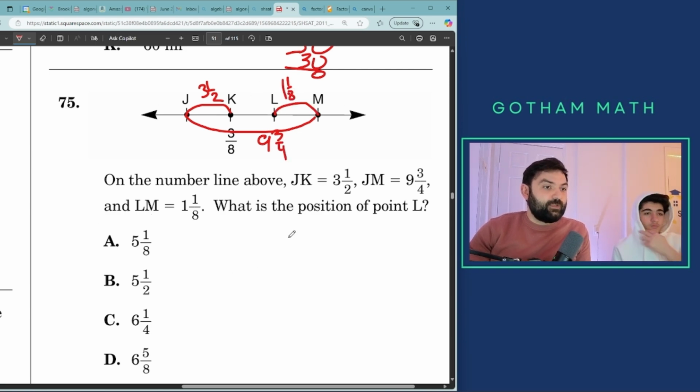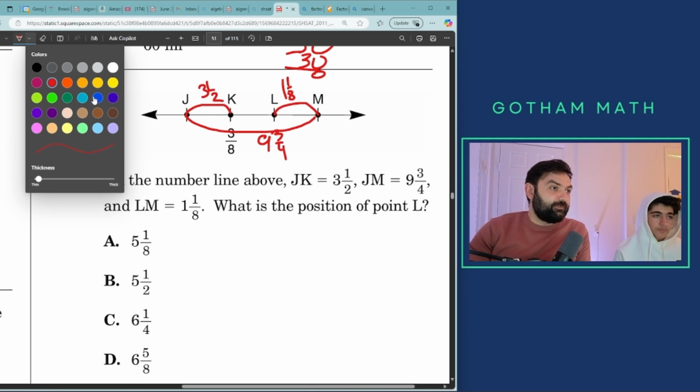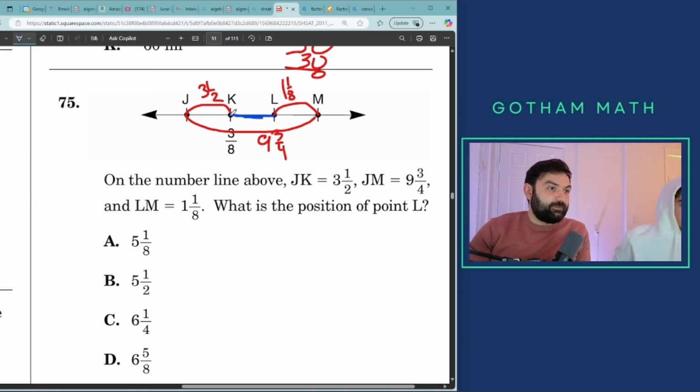What is the position of L? In order to find the position of L, we need to find how long KL is, because then we add this to 3 1/2 and it will place us on L. Does it make sense?